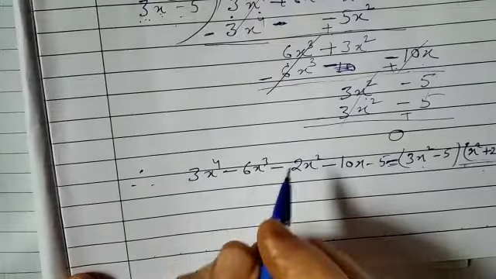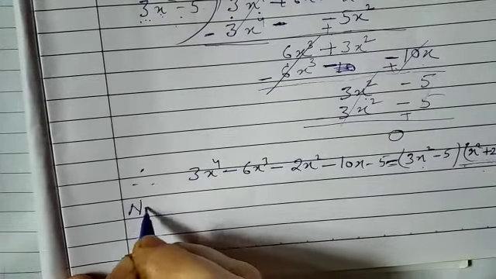First we factorize, and then we find the other zeros.